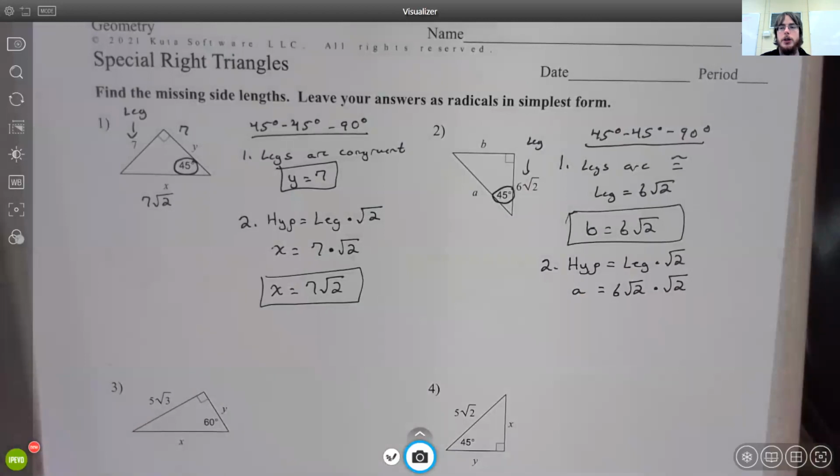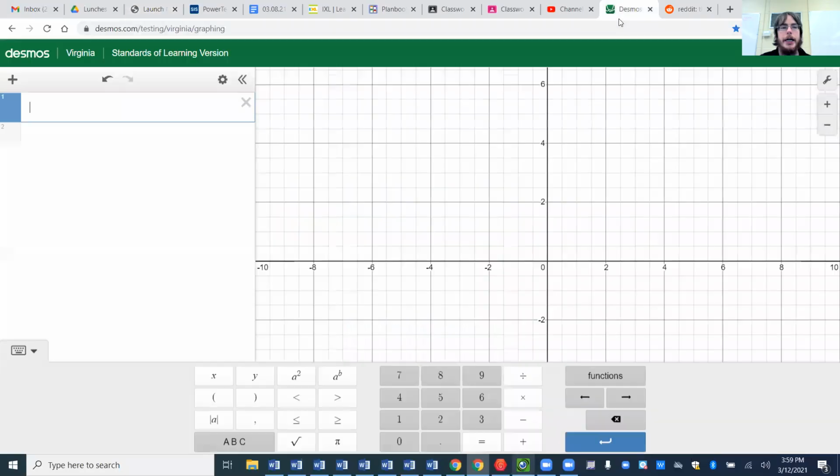I want to show you what I mean. So we're going to go to Desmos here, and we're going to type in 6 square root of 2, and make sure that you see how my cursor is underneath the radical still. You need to make sure your cursor is outside the radical before you multiply by the square root of 2. So that's going to give you 12. So in this case, A is equal to 12.